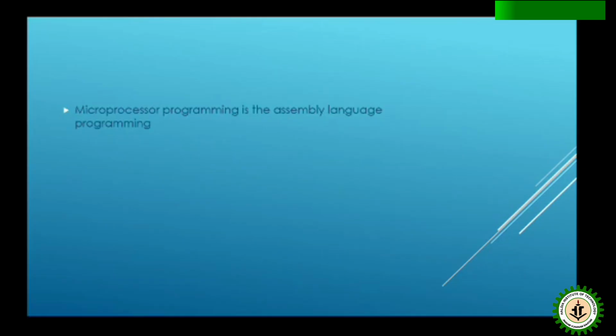Different types of microprocessor have their own assembly language programming. That is, 8085 has its own assembly language programming, 8086 has its own assembly language programming.